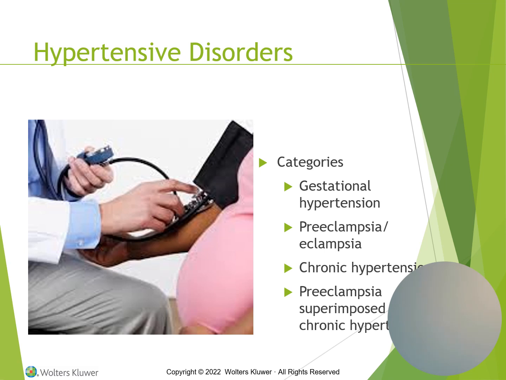Instruct mom what signs need to be reported immediately, the need for bed rest and lying on her left side, strict I&O, and adequate nutrition. If delivery is required for maternal or fetal well-being, we'll give glucocorticoids to mom because it helps with the baby's lung maturity.